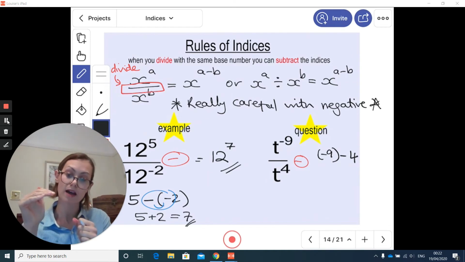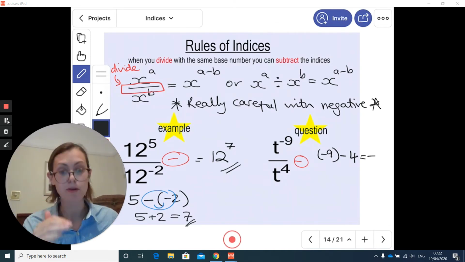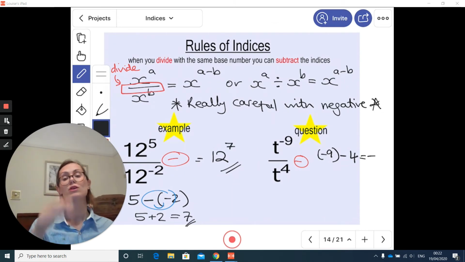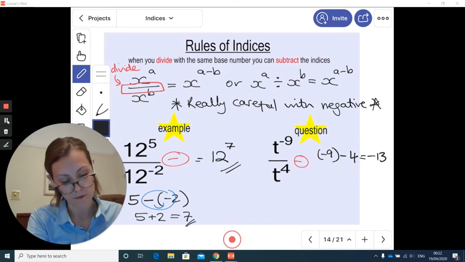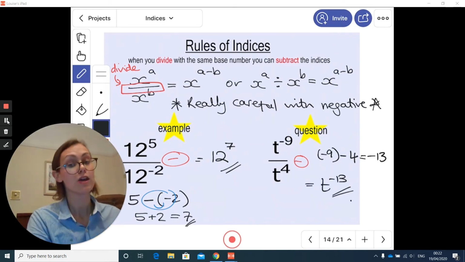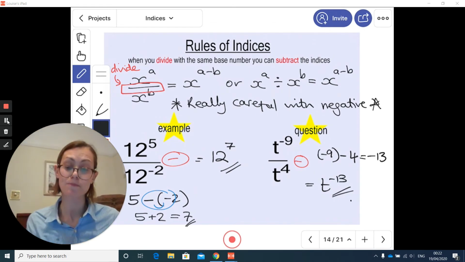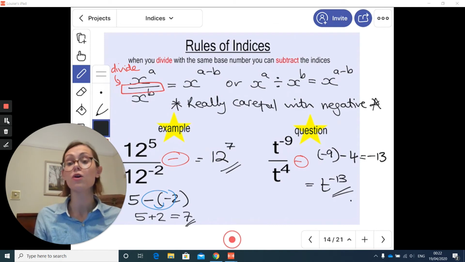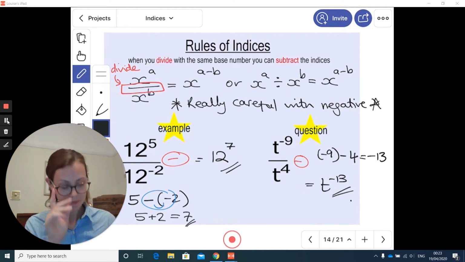I've got minus 9 and minusing another 4. So I've got minus 9 and I'm going down again another 4. So that means I'm staying negative and I'm getting the negative 13. So the final answer here should be t to the minus 13. Okay, you can understand every indices law that there is and fully comprehend it, but if you don't write clearly on your page or use the fundamental subtraction rules, you're not going to get the marks for it.